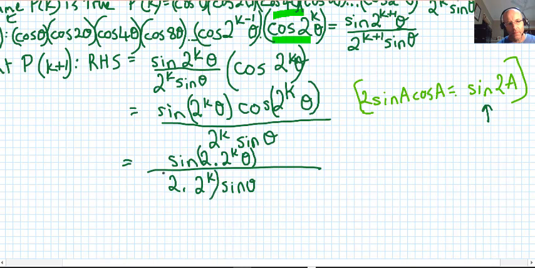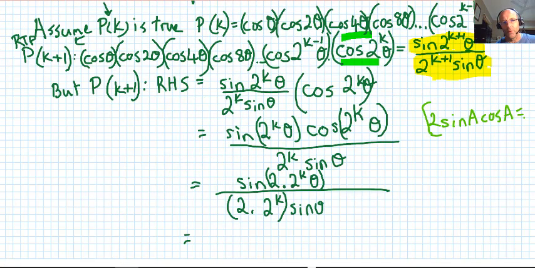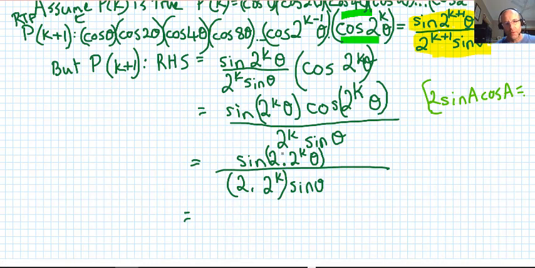Now grouping those together, something interesting. Note we're required to prove the expression in the yellow from before, and we're nearly there, because you know that 2 is 2 to the power 1, and we have an index law, so it's 2 to the k plus 1 theta.